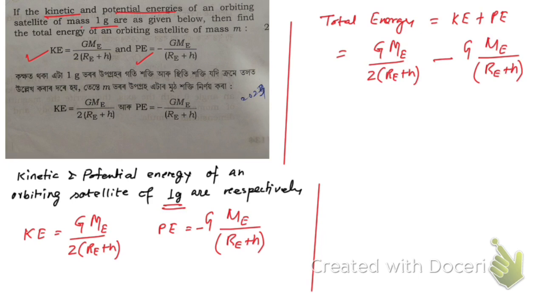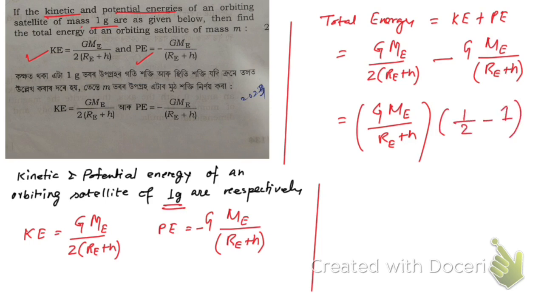So now from here you can take G capital M_E by Re plus h common. Then here we're going to have half minus 1, and half minus 1 is nothing but minus half, so we get minus 1 by 2 of G M_E by Re plus h.